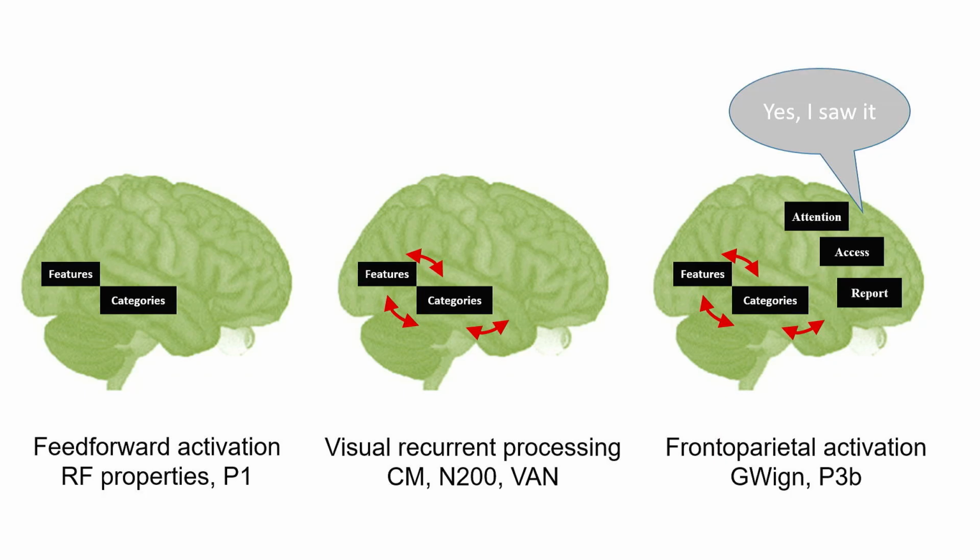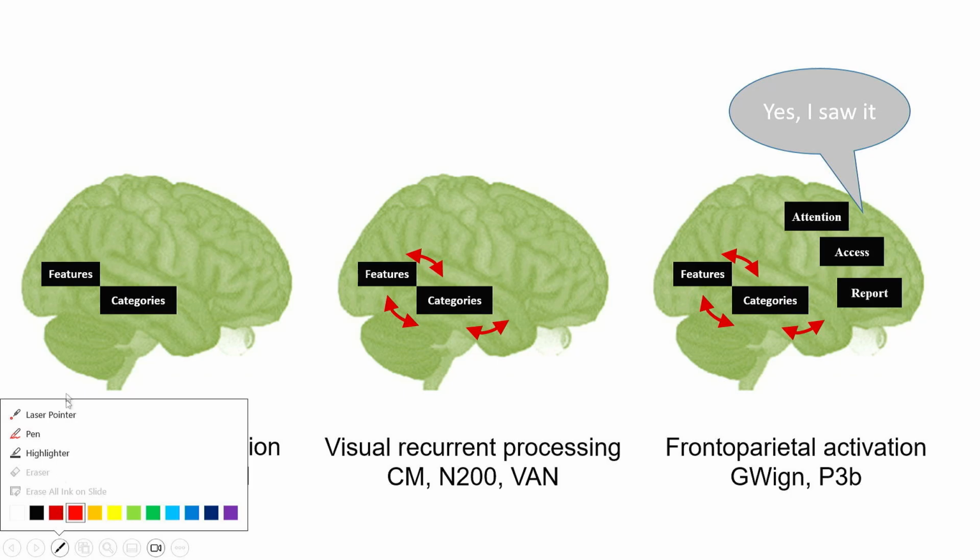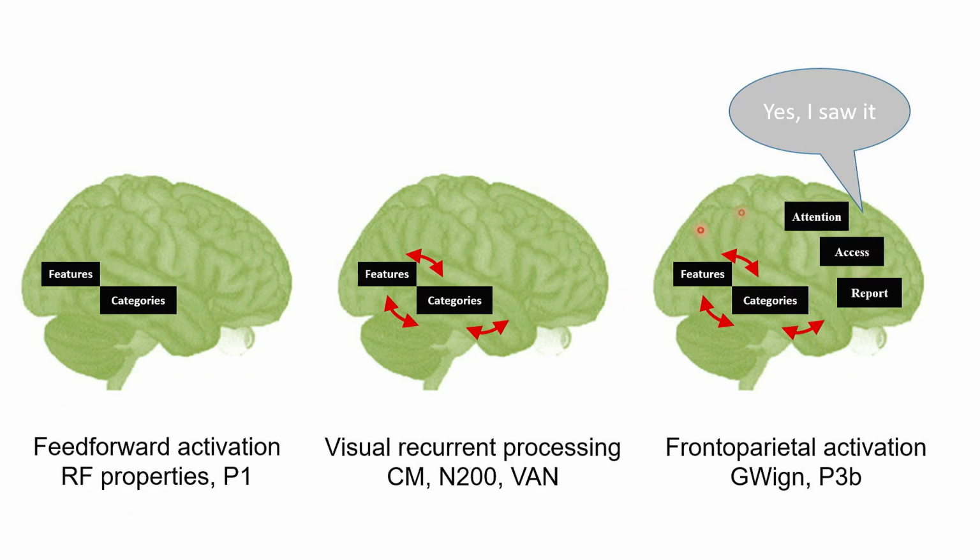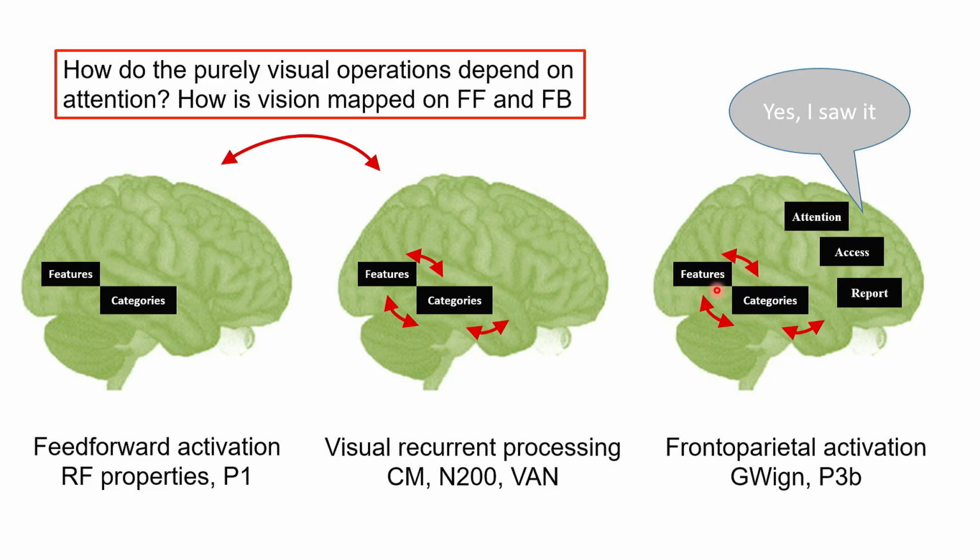So if we take these reports as indeed being the verification of global ignition and involvement of attention, access, and report regions, it's entirely possible that without attention, access, and report, without attention in particular, there's no such thing as recurrent interactions between visual areas.